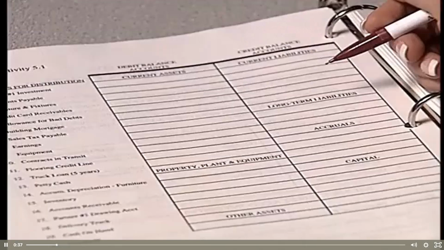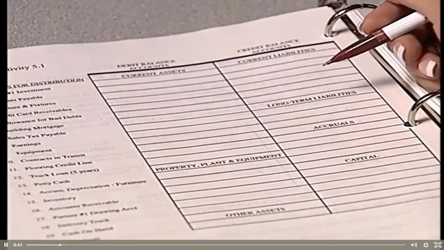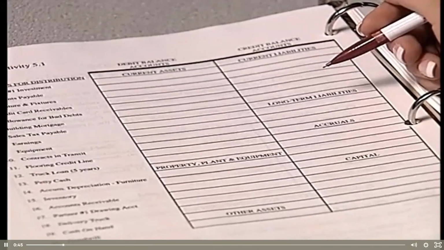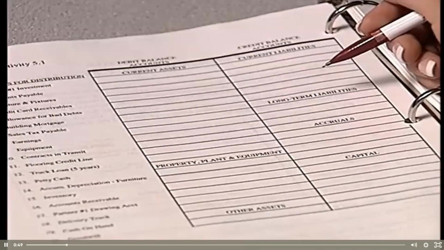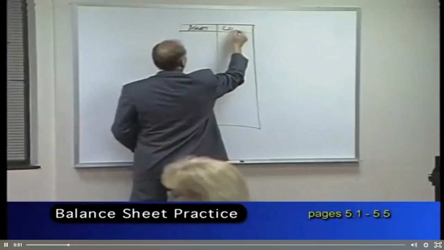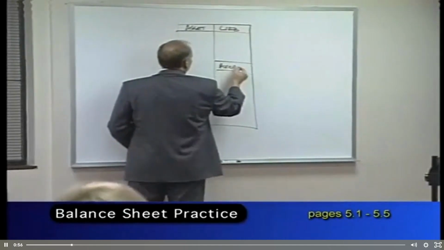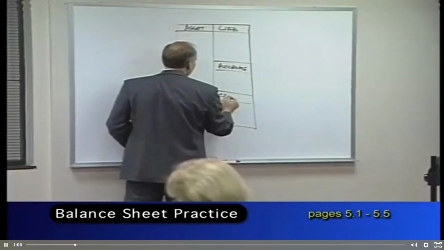Now, if you'll turn to page 5.2, you'll see a representation of that general ledger. Now, the last couple days, we've seen the general ledger like this. Assets, liabilities, accruals, and capital.